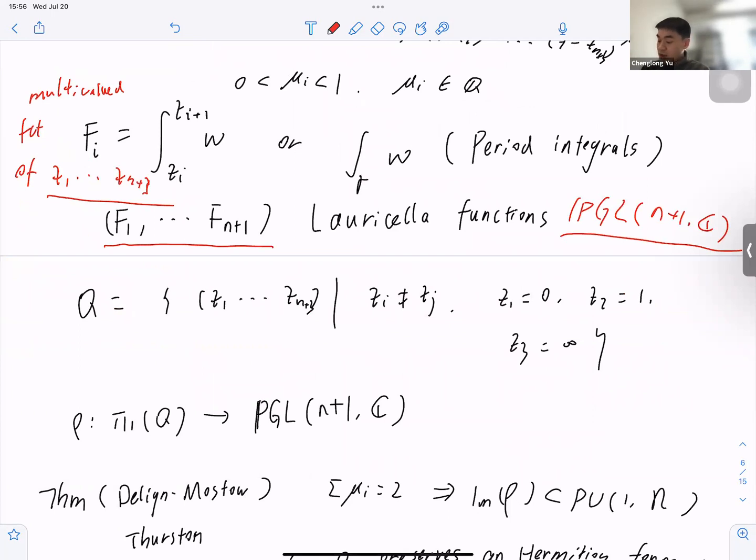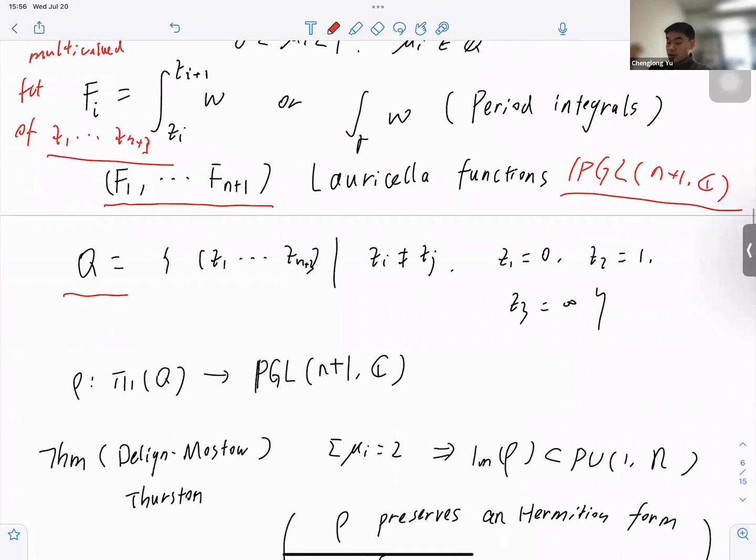So we can assume those points are distinct, and the first three are 0, 1, infinity. So we have n free variables, and this Q will be the moduli space or the parameter space for those functions. And the monodromy of those multi-valued functions will give us a monodromy representation into PGL_{n+1}(C).